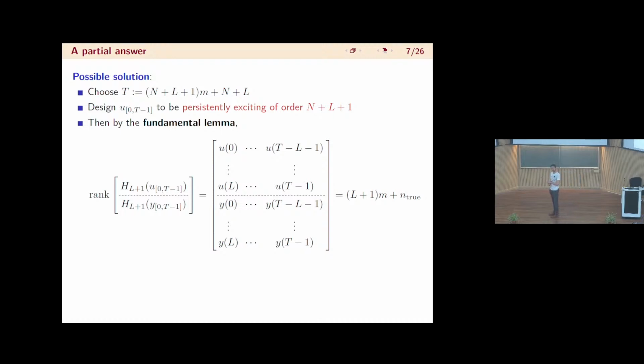It generates some output data, Y, on the interval 0 to T minus 1. Then by the fundamental lemma, it follows that the rank of this input-output Hankel matrix is (L plus 1) times (M plus N true). So I have this sufficiently high rank on the input-output Hankel matrix, and then I can apply subspace identification methods to identify A, B, C, and D.